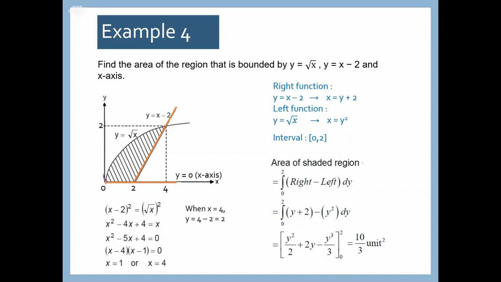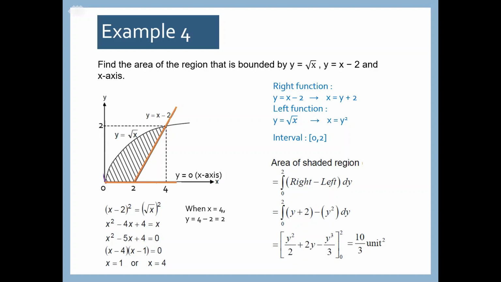Here, the right function is y equal to x minus 2, which can be written as x equal to y plus 2. The left function is y equal to square root x, which can be represented as x equal to y squared. Minus these two functions and simplify, you will obtain y plus 2 minus y squared.